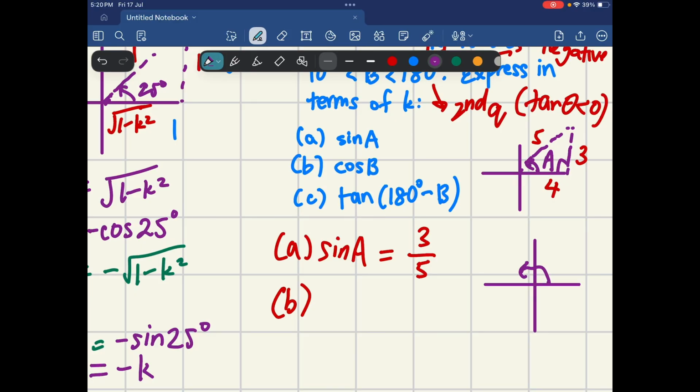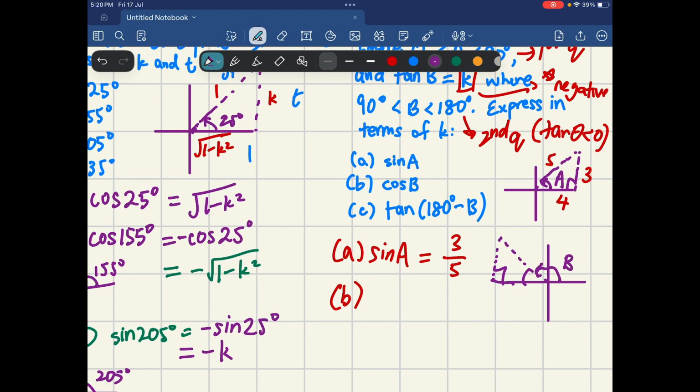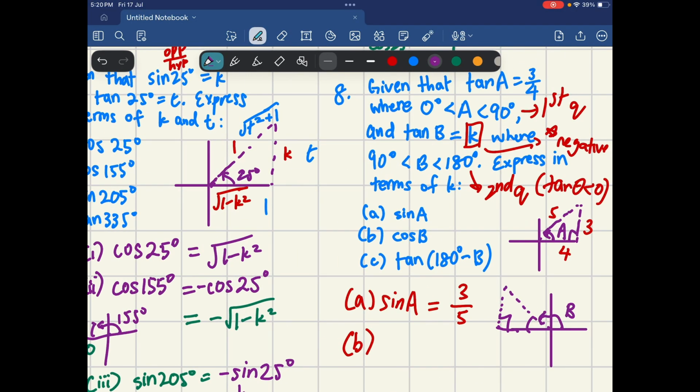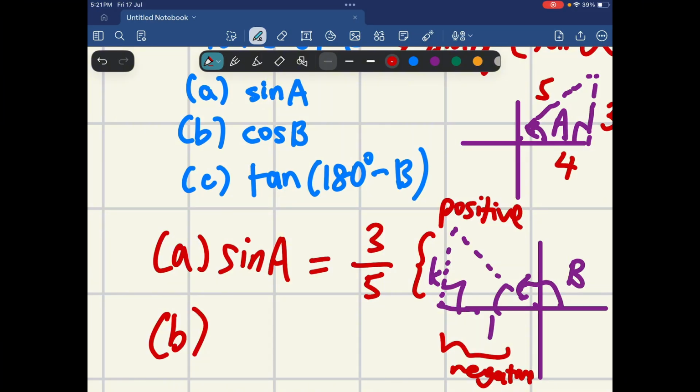So this will be an angle B in the second quadrant, and we'll draw out our triangle, right? Now, your tangent here is k, where k is negative. So it won't be k and 1, because this length here cannot be negative. This length is actually positive. And this length here is actually negative because it's in the negative x-axis.